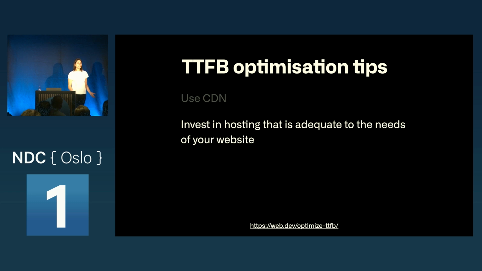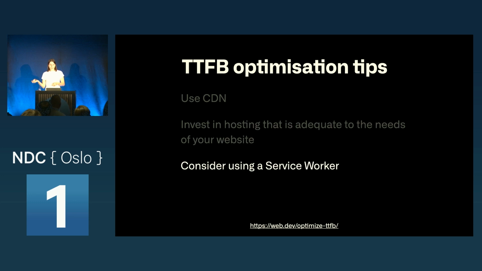I don't think you need to care if it's just your personal blog, but if you're running a news site or e-commerce, then you definitely need to invest in great infrastructure. Consider using a service worker if your website is meant to be visited often, more than once. A service worker can close the gap between your user and wherever your data is.